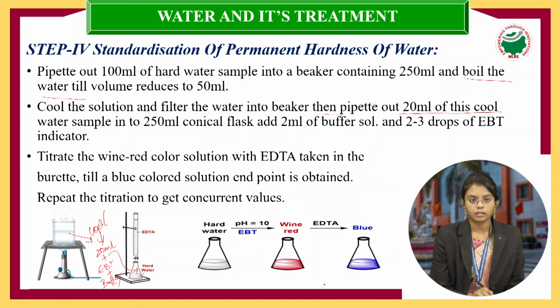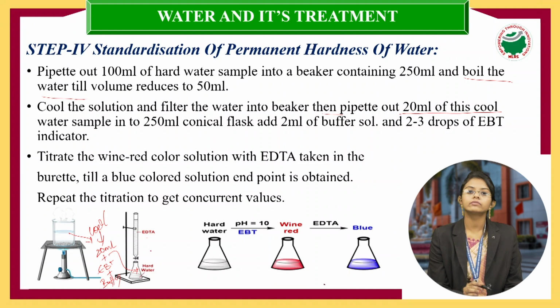Now this solution you are going to titrate with the EDTA again, and you can see formation of blue color. The wine red color turns to a blue color. In the fourth step, you are going to calculate the permanent hardness of water.